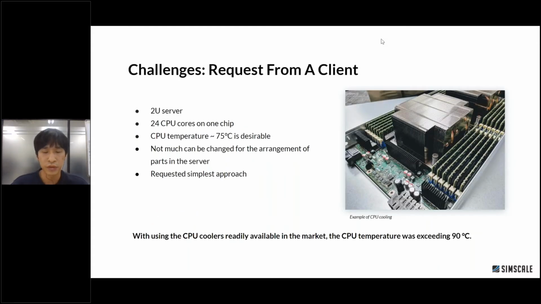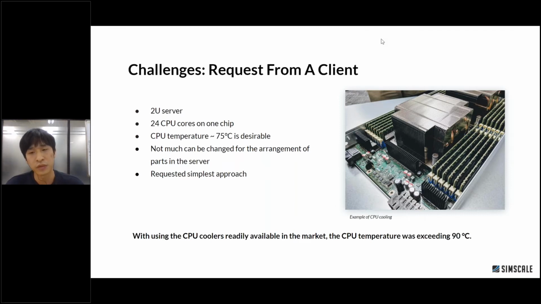So there was a request from one of our clients that they want to improve the cooling of their CPU inside their 2U servers. The problem they had was that the CPU chip they were using has many CPU cores, and the CPU coolers that are readily available in the market are not providing enough cooling capacity.